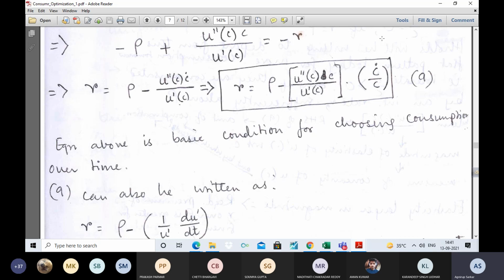The elasticity is a measure of concavity of the utility function u(c), and it determines the amount by which your rate of interest must exceed rho. Okay, so if the elasticity is larger in magnitude, then the required premium of interest rate over rho is greater for a given value of C dot by C, or for a given value of growth in consumption. Okay, so that is your interpretation of the Euler equation.